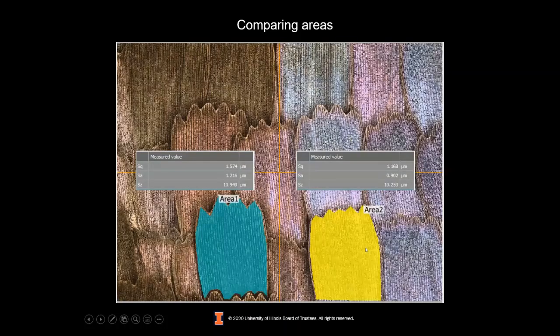These areas may have different surface morphologies, so just getting one roughness number for the entire image wouldn't be very helpful because we've got two pretty distinct areas here. You should also try multiple areas on a sample, especially if your sample is inhomogeneous, because there will be small variations and you're building up statistics on the roughnesses of your samples.